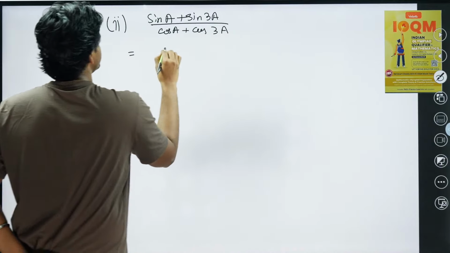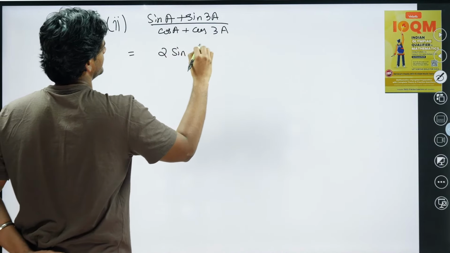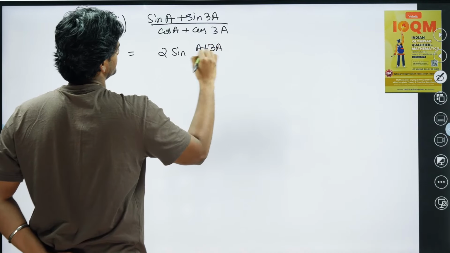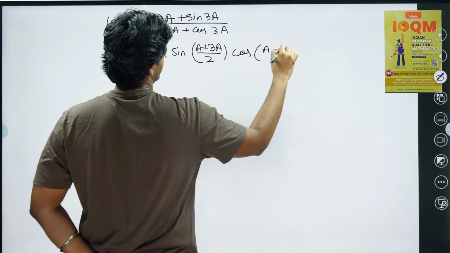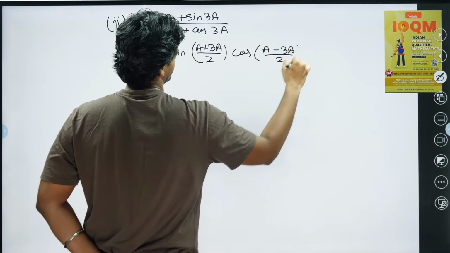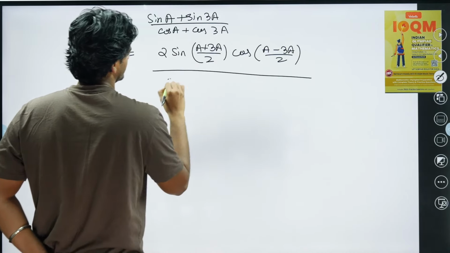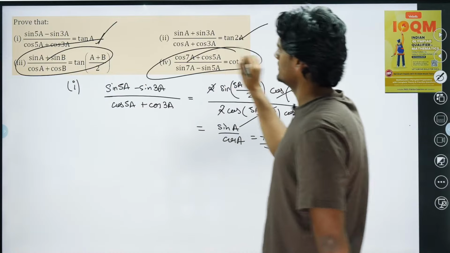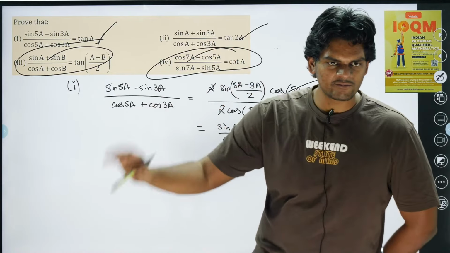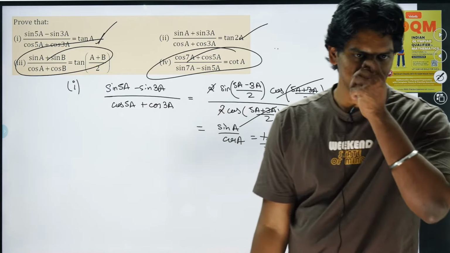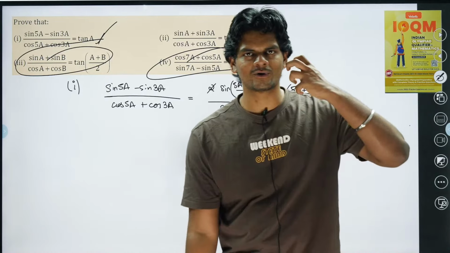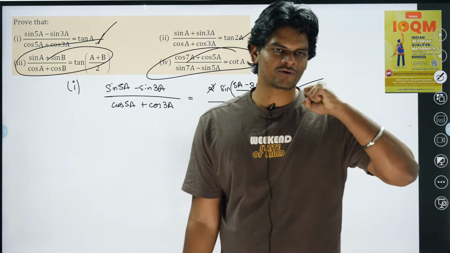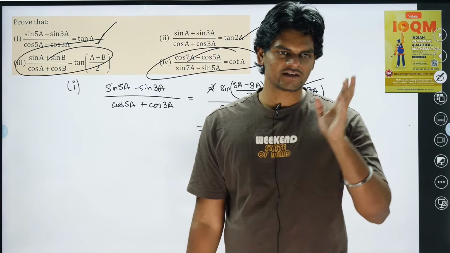This can be written as 2 sin of (a plus 3a) by 2 and so on, with a minus 3a by 2. Solve these two also. I hope you won't have any problems. Very simple. Once you get the hold of transformation formulas, I think this becomes very easy.